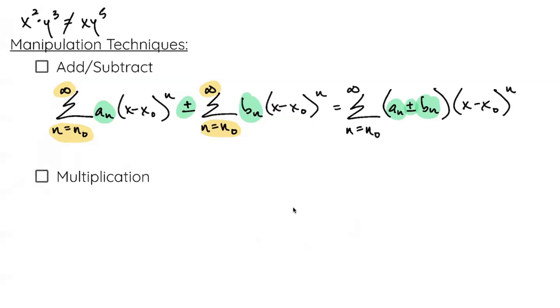So let's say we had a series, and let's just say we're starting at 0, right? And we have our a sub n, x minus x naught to the n. So we have our power series, and we're trying to multiply it by this, x minus x naught to the c power, okay?